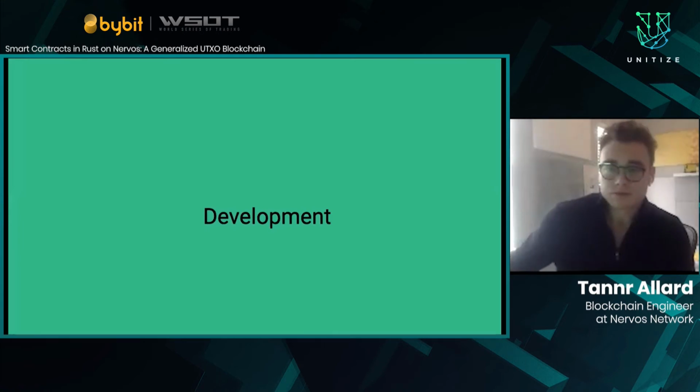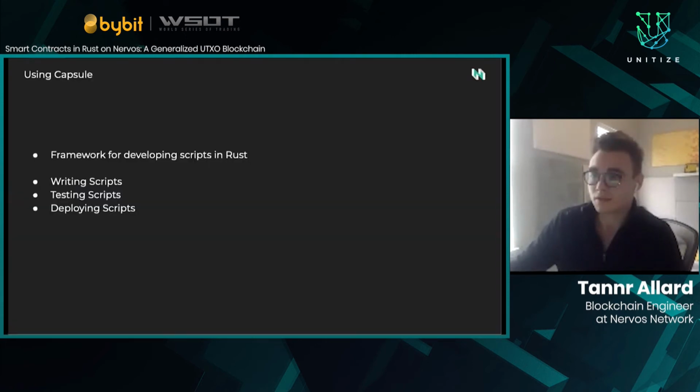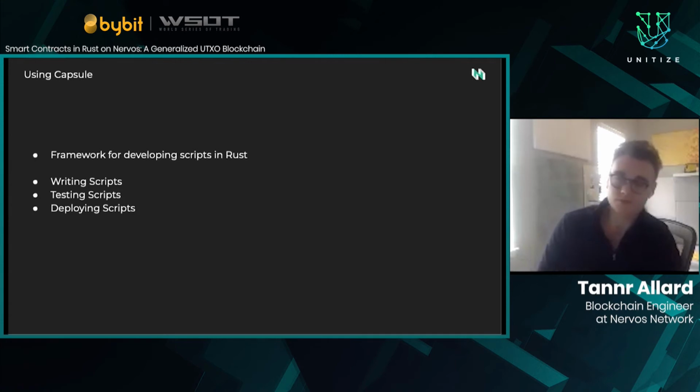So now we'll get into some of the actual smart contract development practices. And what we'll be doing is using a new tool that Nervos released called Capsule. Capsule is a framework for developing scripts in Rust. So you are provided with boilerplate, you can create projects, and you can then develop scripts.